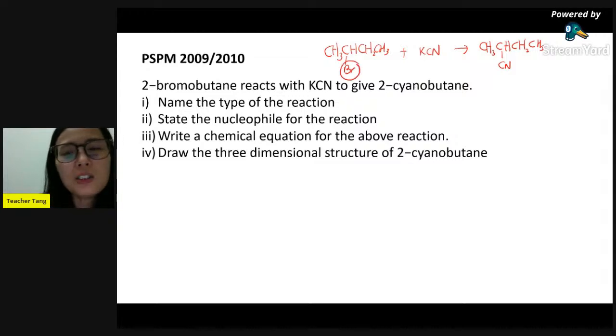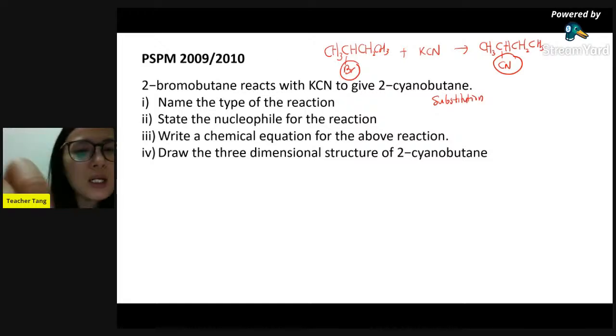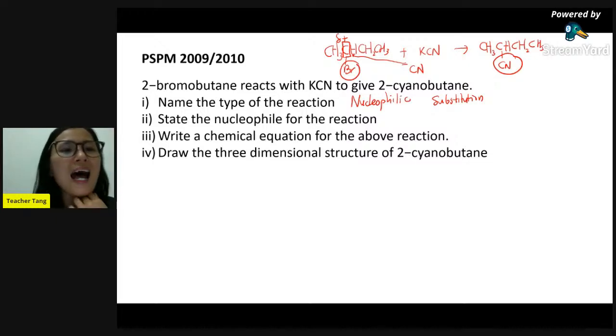Can you see that Br is being substituted by CN? So the type of reaction is definitely substitution. Remember, this is organic chemistry. We need to look at the carbon where the reaction occurs. It has a partial positive charge, so it is being attacked by the nucleophile. Therefore this reaction is a nucleophilic substitution reaction.